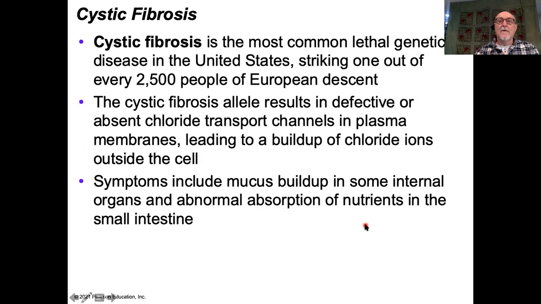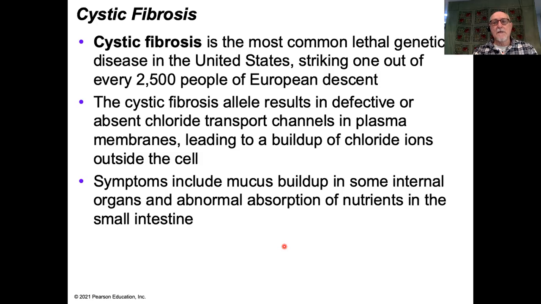So here is another disease which is maintained in our population and is also a recessive, but this is one of the commonest of the really serious recessively inherited genetic diseases. And this is cystic fibrosis.